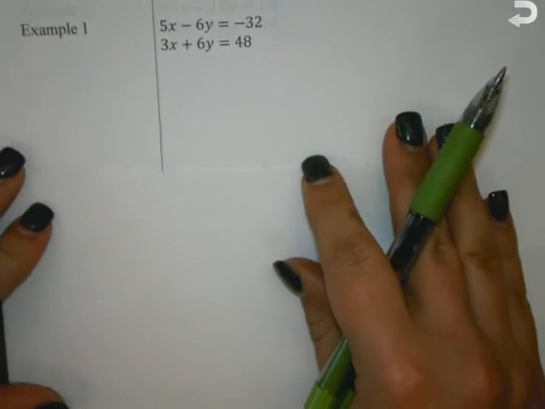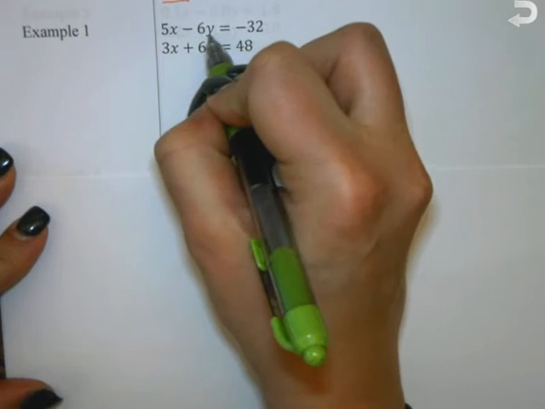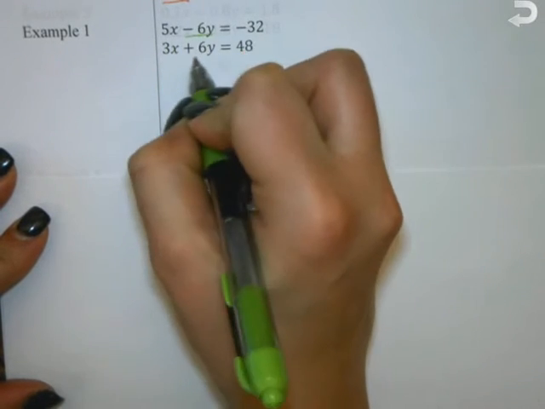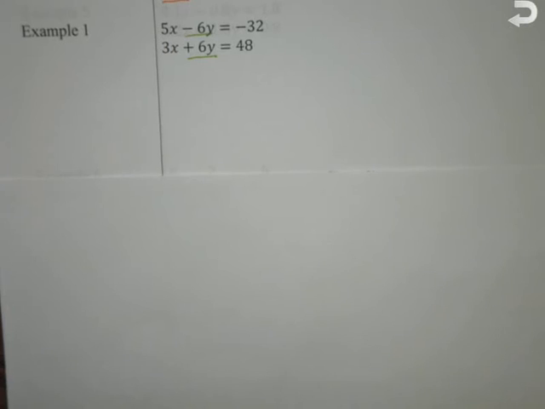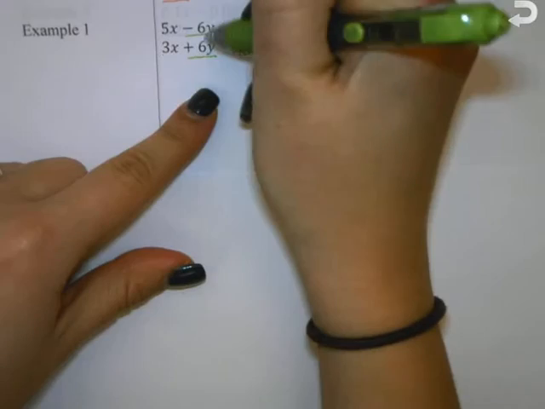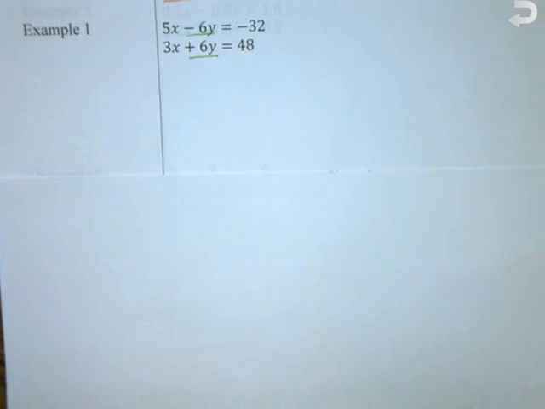This is what I mean. Notice how in my first equation I have a negative 6y, and in my second equation I have a positive 6y. The y variables have the same coefficient, 6, but one is negative and one is positive. This is exactly what we want to happen, because look at what we're going to do.